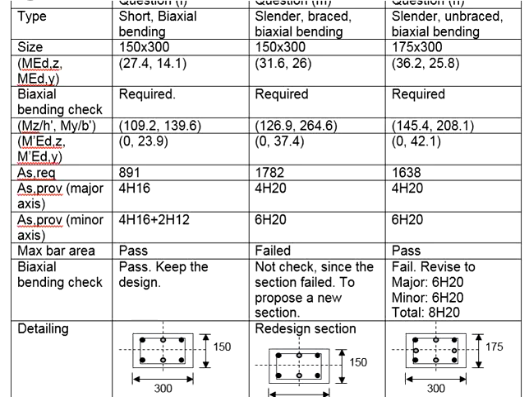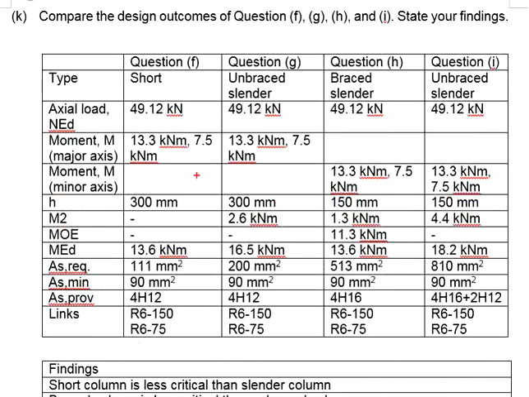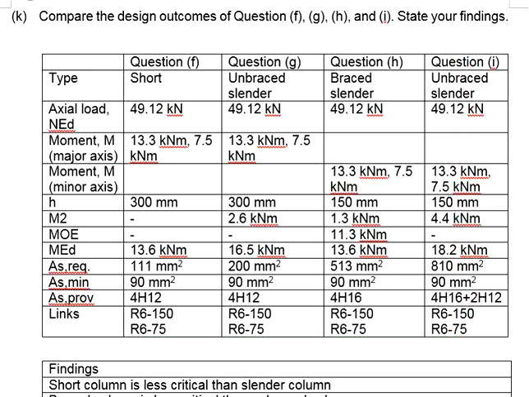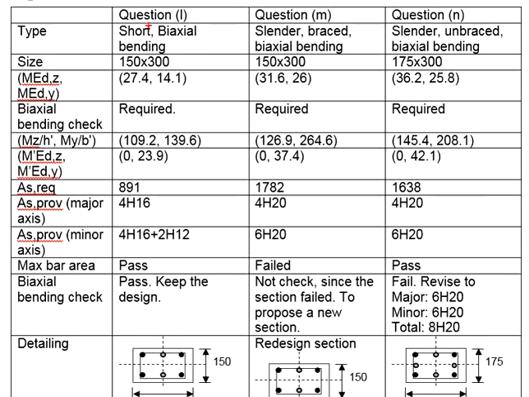biaxial bending. Up to now, we have done a series of examples related to the column, dealing with various types of column subjected to uniaxial moment, including the short column, braced slender column, unbraced slender column, moment acting in the major axis only, moment acting in the minor axis only, and also moment acting in both axes.